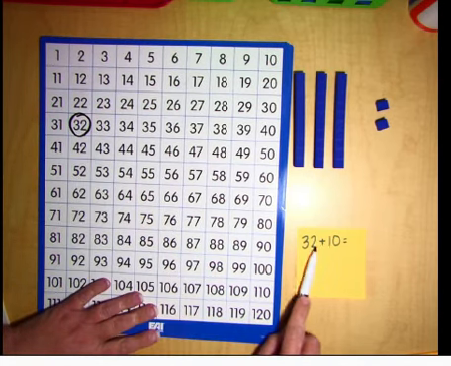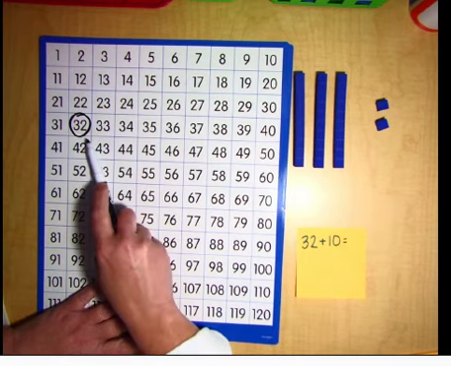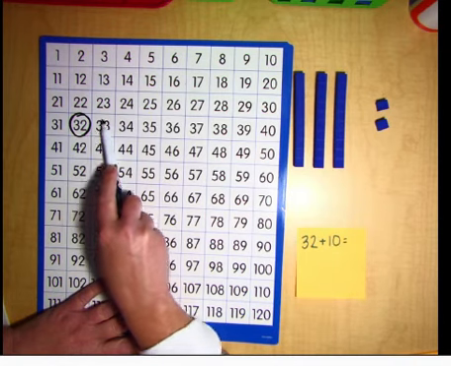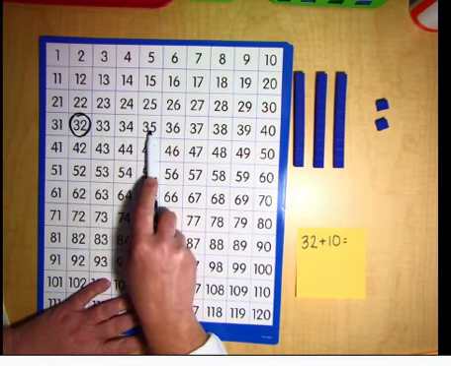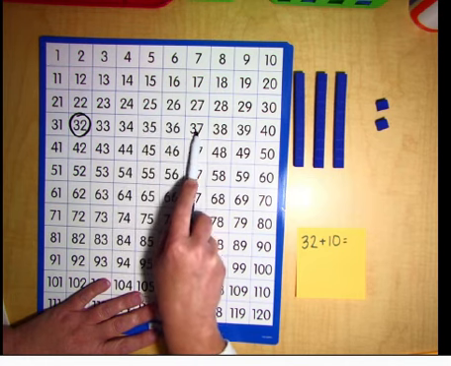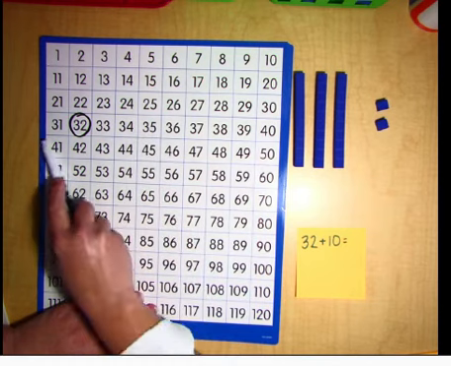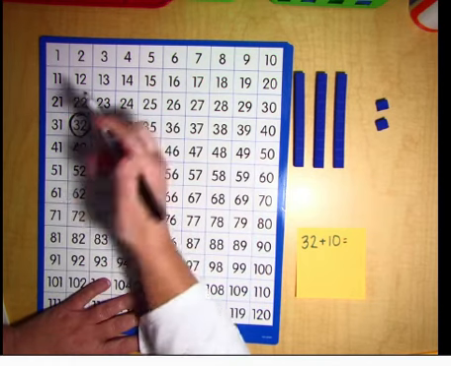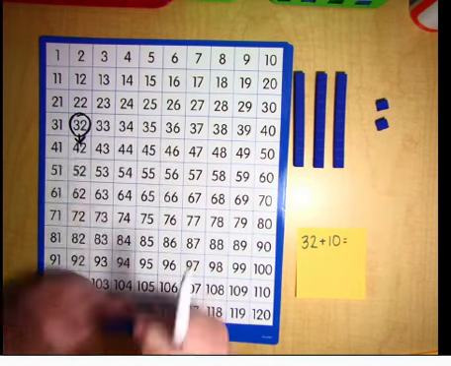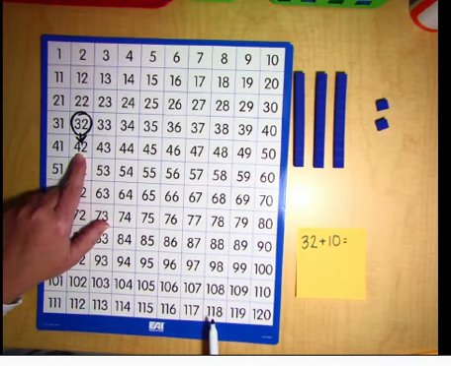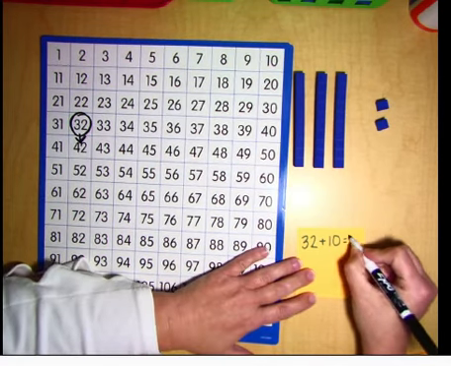If we're going to add 32 plus 10, I can count on 1, 2, 3, 4, 5, 6, 7, 8, 9, 10. 32 plus 10 is 42. 42 is our answer.